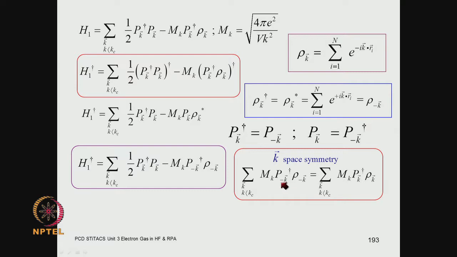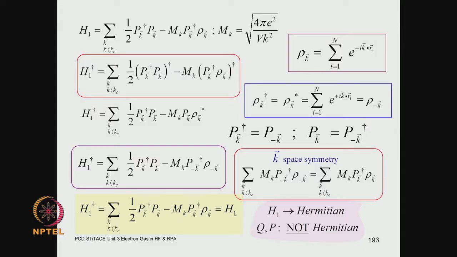So, this summation over the minus k index is completely equivalent to the summation over the plus k index, and now you have a form which is nothing but the same as the H1 that you started out with. So, you see that H1 is self-adjoint even if Q and P are not. Okay. So, so far so good.